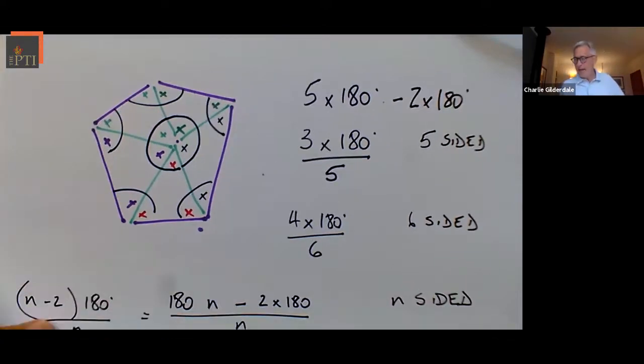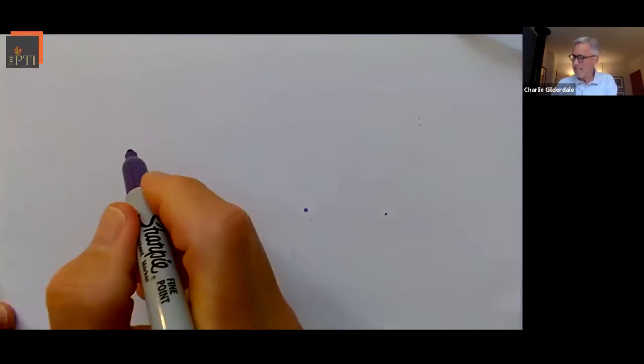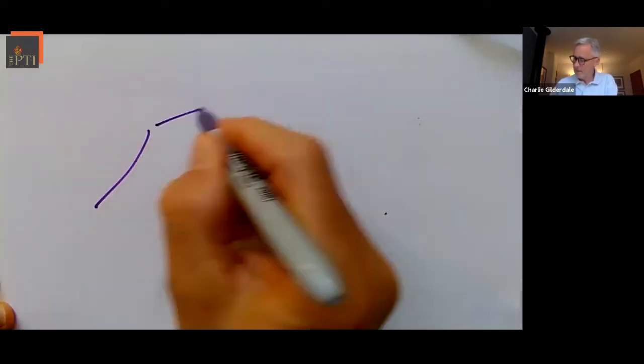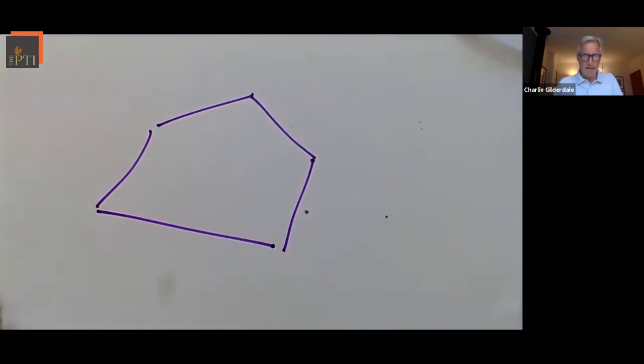One last way of thinking about it. Let's draw again an irregular pentagon. And let's imagine that this is a park, and we're going to walk around this park.